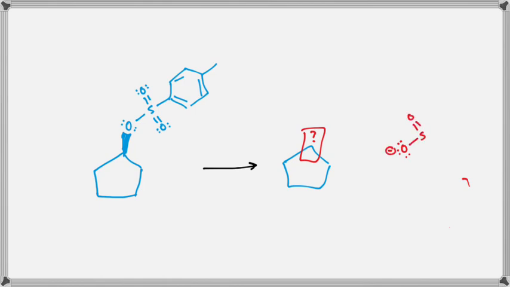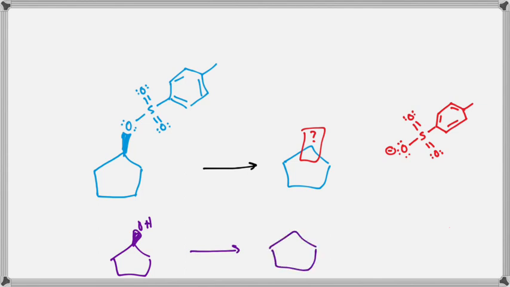And you're telling me that if that oxygen stole those electrons, that would not be a good leaving group? You just said it's not a good leaving group. Why? For the same reason that OH wasn't a good leaving group.